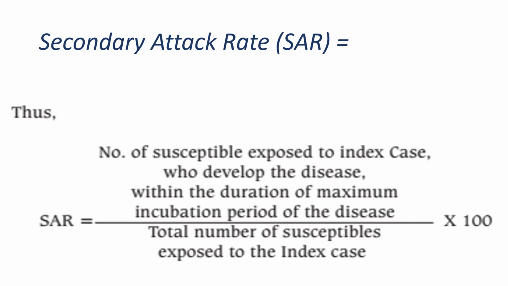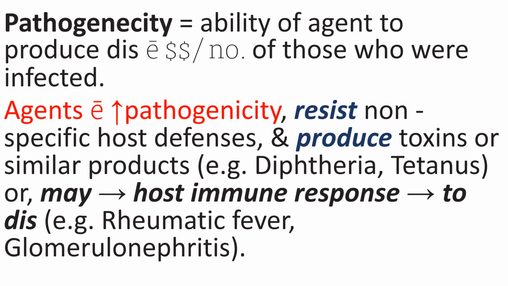The formula for SAR is number of susceptibles exposed to index case who develop the disease within the duration of maximum incubation period of the disease, divided by total number of susceptibles exposed to the index case, multiplied by 100. Pathogenicity equals ability of agent to produce disease with symptoms and signs divided by number of those who were infected.